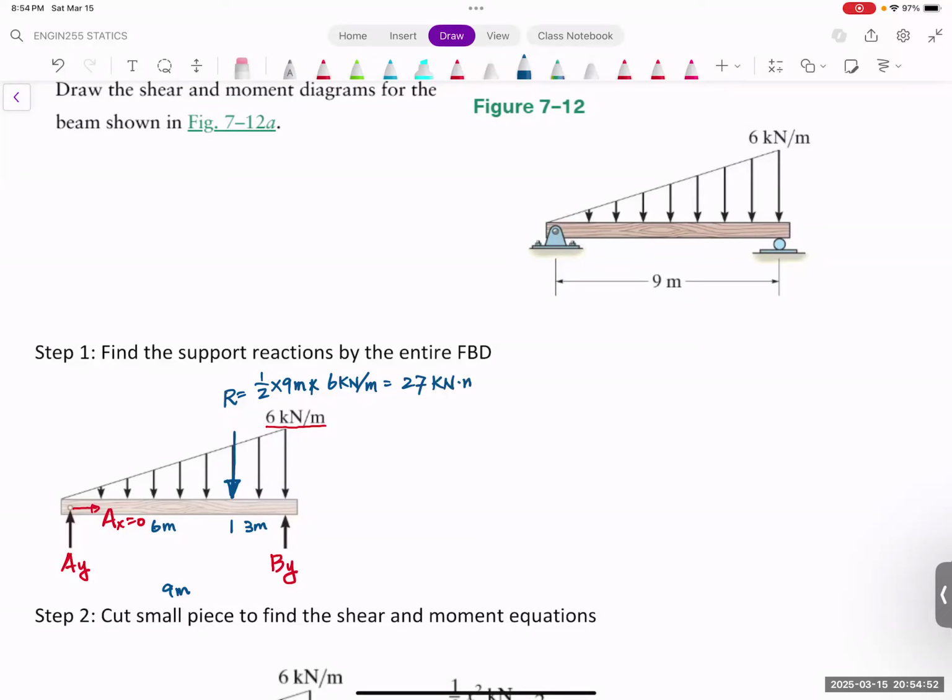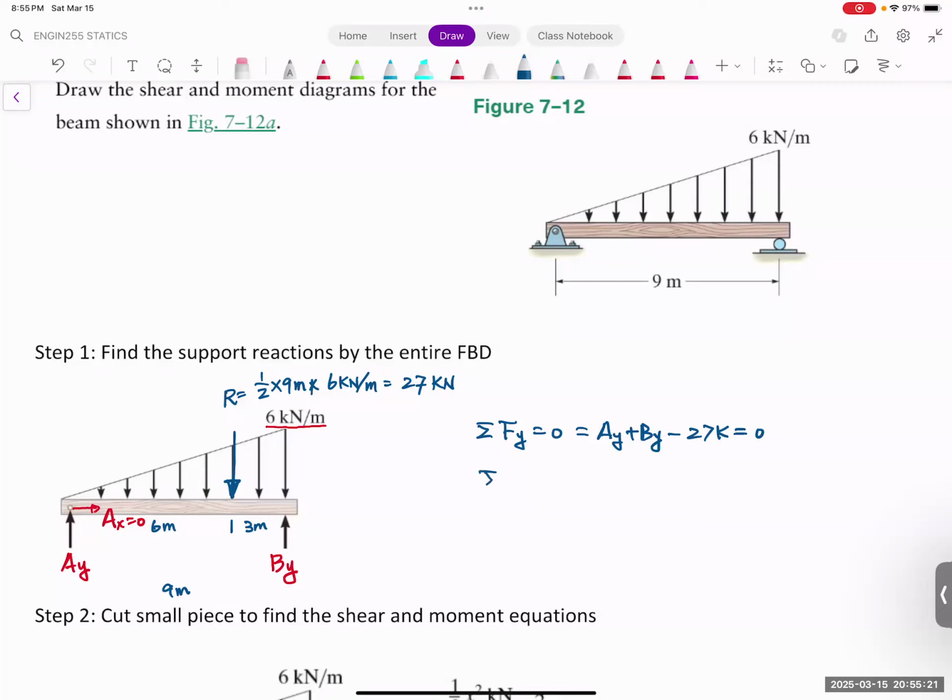So that is the R. Then you can use summation moment and summation force. We only have Y to consider, and that will be AY plus BY minus 27,000 equal to 0.